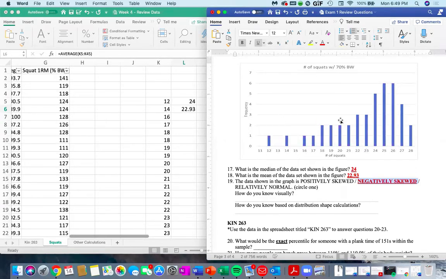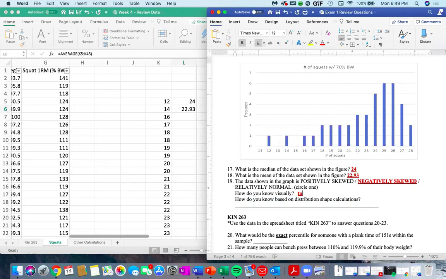So the tail is going to be on the negative end. At least that's how I remember it. So visually we know, and there's a couple of answers. I think, was it Chris who just spoke? You could tell based off of the mean. Visually, we could also say the tail is on the left.